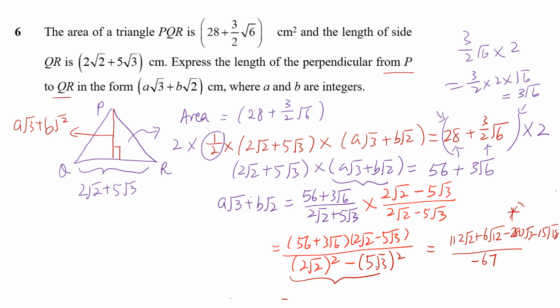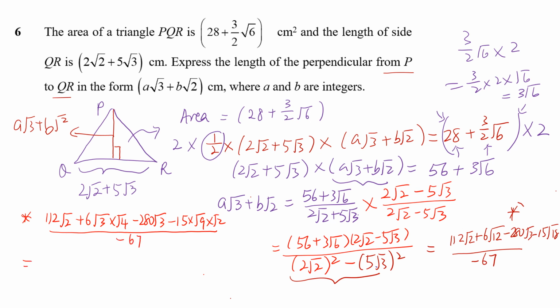Alright, I should continue here. So I would end up having 112 square root 2 plus 6. Okay, square root 12 we can simplify further as square root 3 times square root 4 minus 280 square root 3 minus 15 times square root 9 times square root 2 over negative 67.